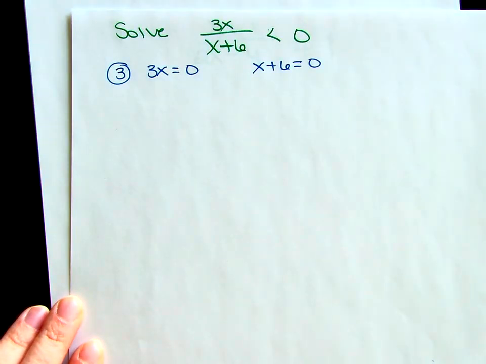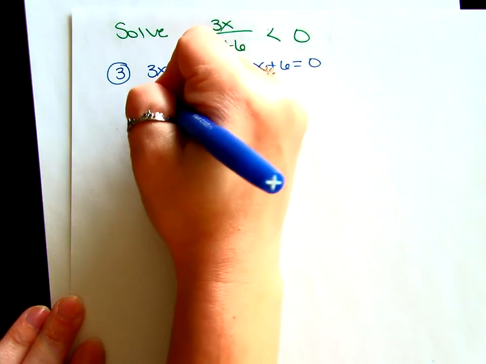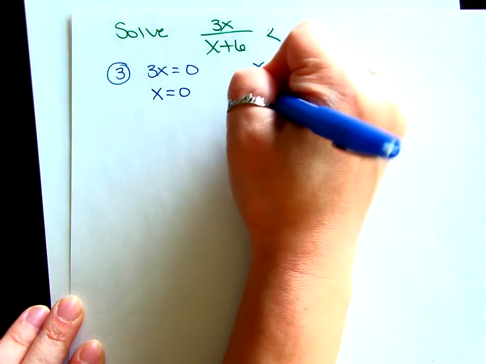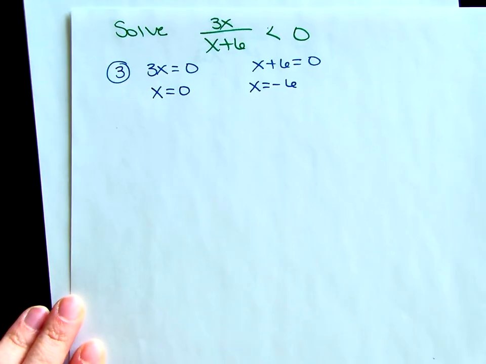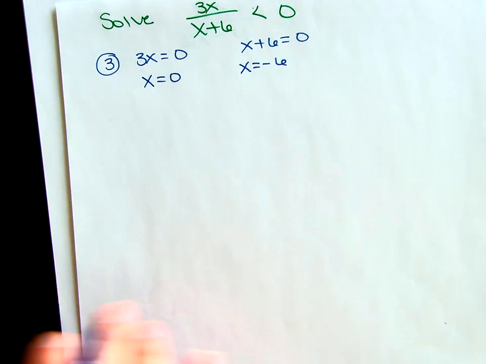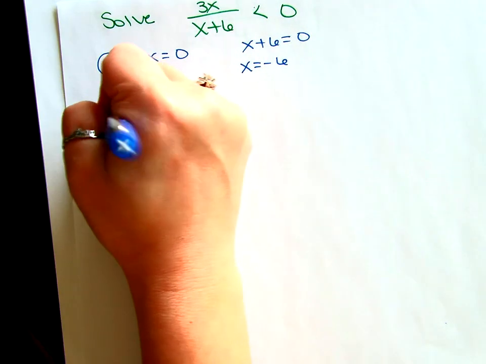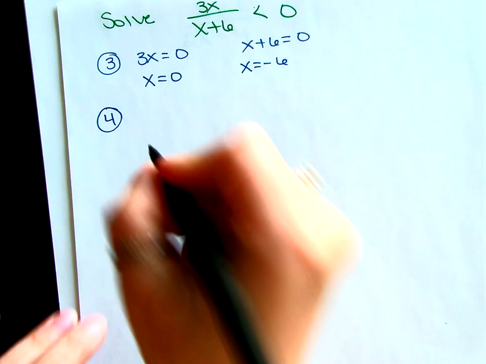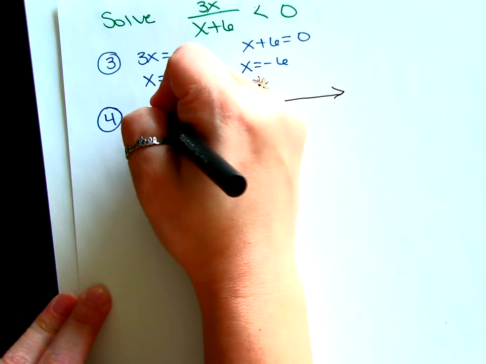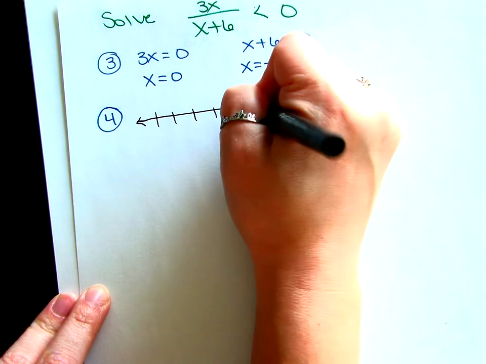For x to the third equals 0, that means x is 0. For x plus 6 equals 0, that means x is negative 6. So we have two boundary points in this case. So step 4, we make our number line.